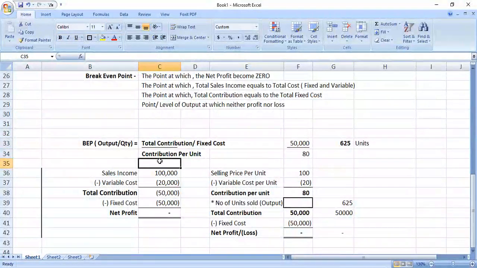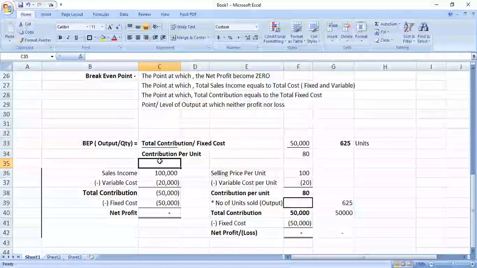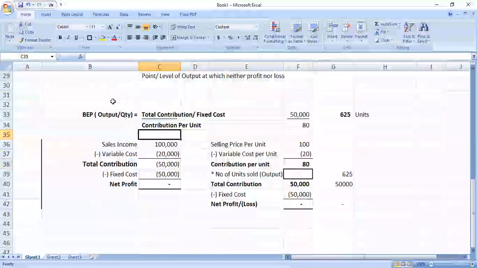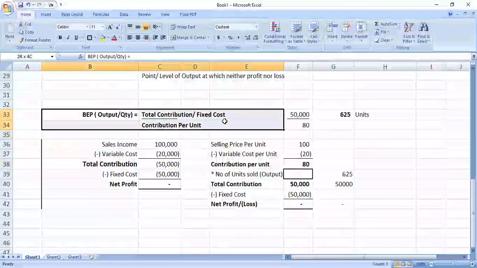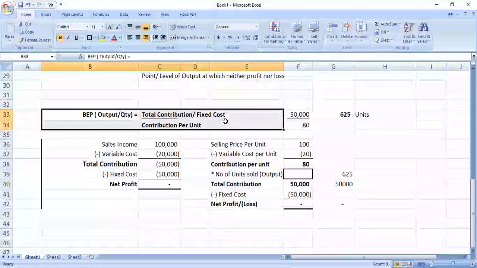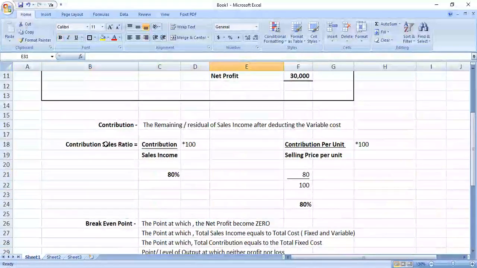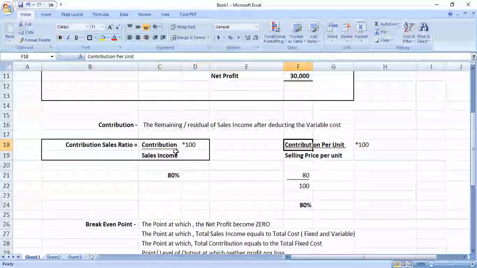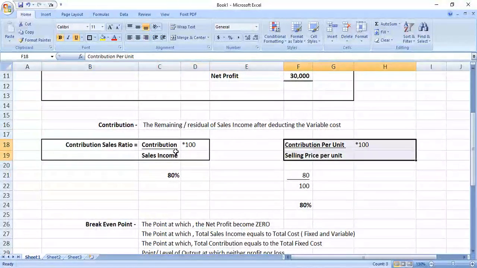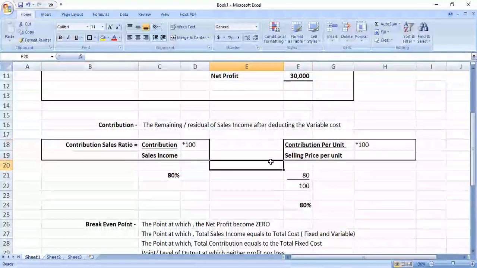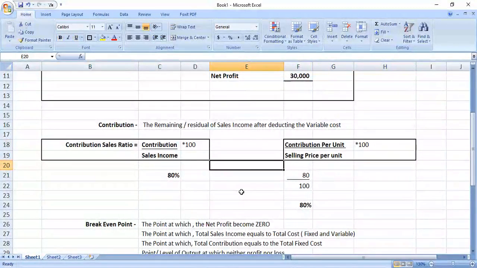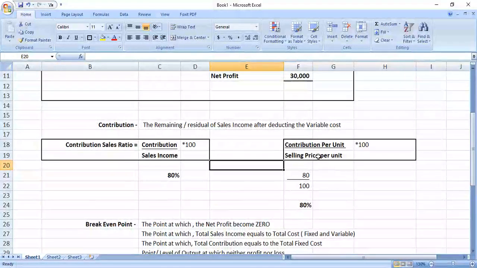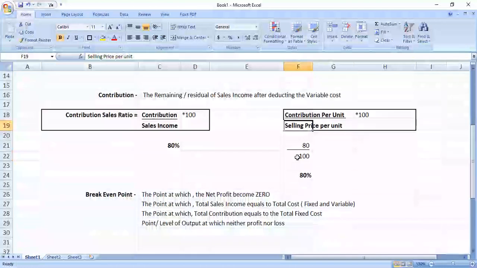Understood, guys? Yes, sir. It's a very simple formula actually, right? So first we learn the contribution. Contribution we can take in two ways: total contribution divided by total sales income, or contribution from one unit divided by the selling price per unit.